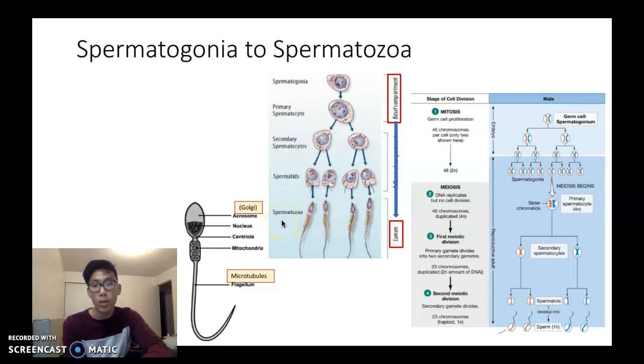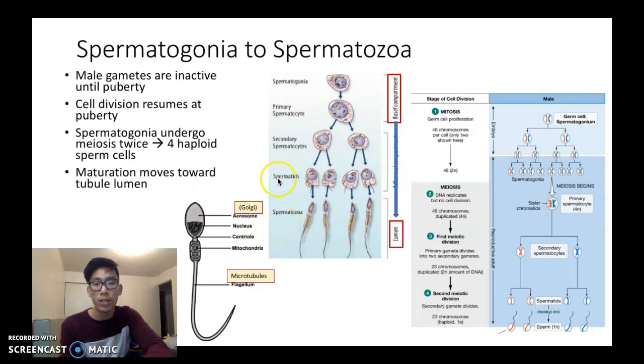The maturation of the spermatozoa is crucial because it develops this tail. From the spermatid to the spermatozoa, we can see in this far left image that the Golgi complex will transform into this acrosomal area.